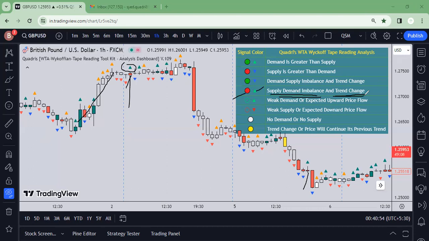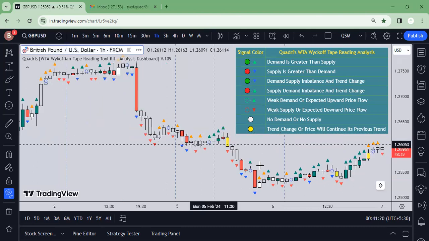Second thing, there could be a possible trend change taking place in some duration. So after this, you can see there was a consolidation and price made downward progress.